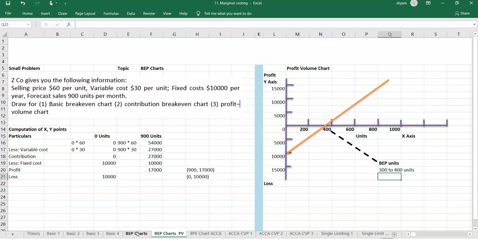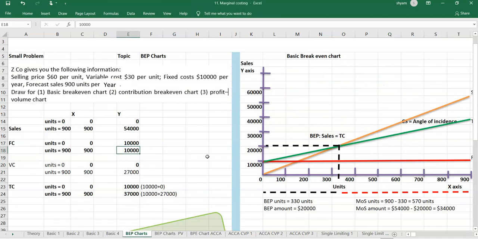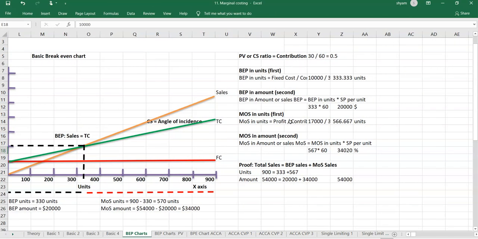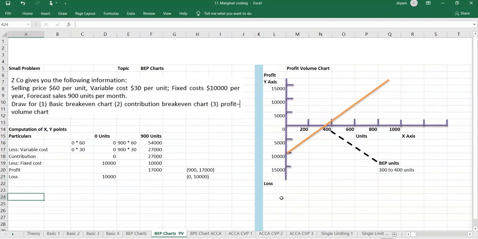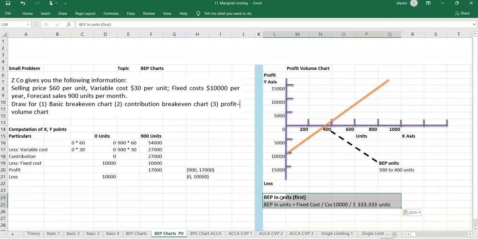But is it right? It will be right, because we have already worked out and found that the BEP in units was 333. Here also we are using the same question. If you look here, it is 333 units.